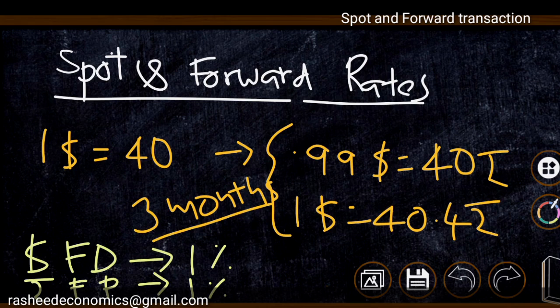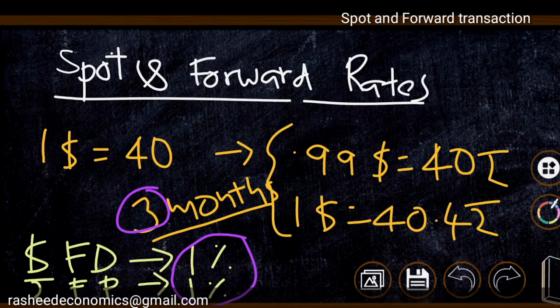That is, if there is a forward discount to a currency, definitely the opposite currency will have a forward premium. And we said that there is 1% discount or premium for 3 months.